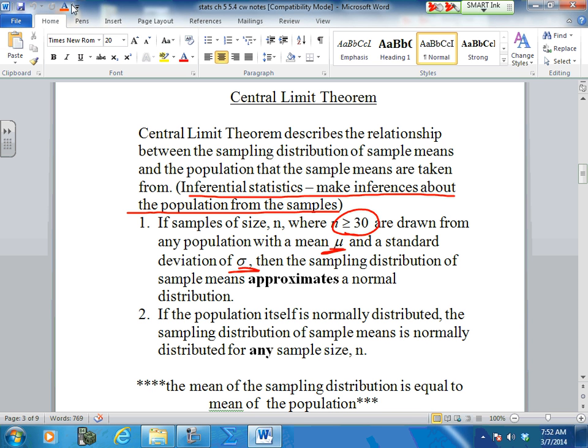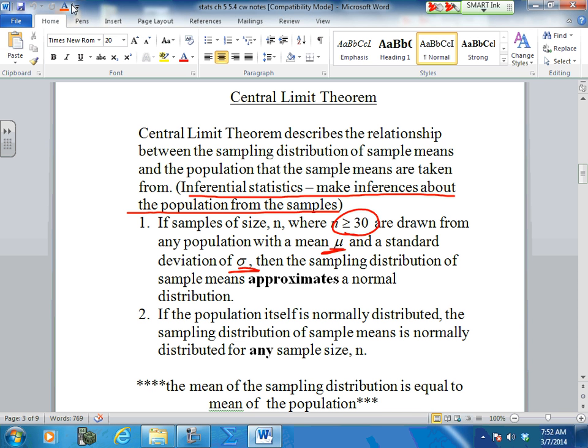In other words, as we have at least 30 or more in our sample, and we take the mean of those different samples, we'll eventually make a normal curve, even if your original situation doesn't have a normal curve.